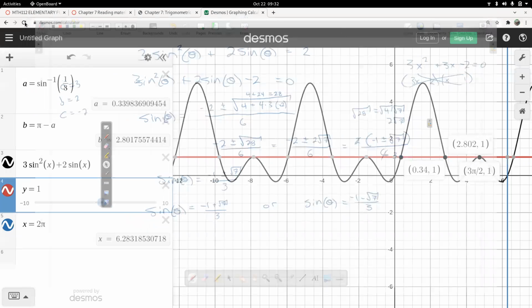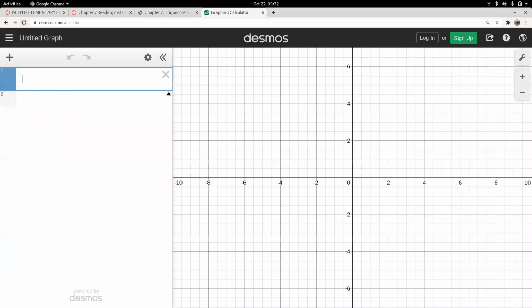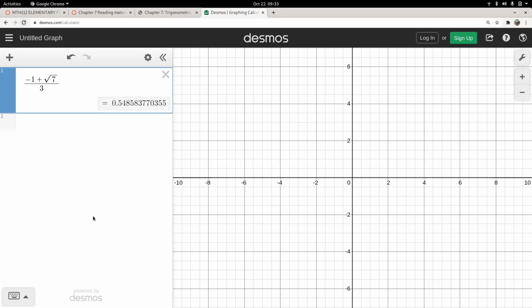All right, let's clear this. Okay, so I need fraction, so divide negative 1 plus the square root of 7 over 3 gives me 0.5-ish. Okay, that's good. And then the other would be fraction negative 1 minus the square root of 7 over 3, negative 1.2.